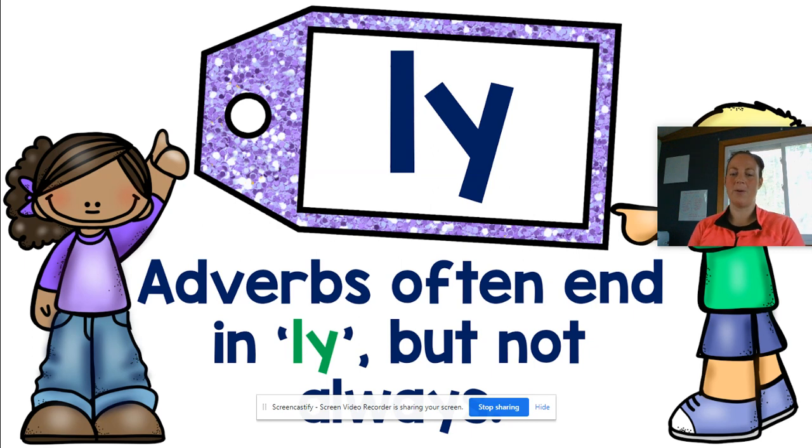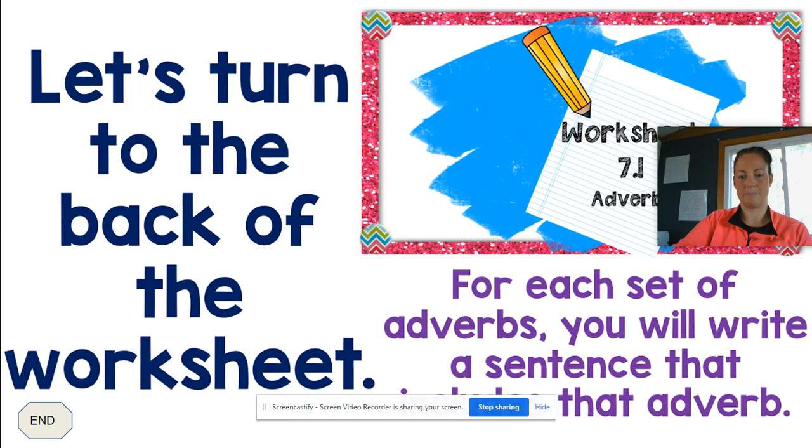Hopefully, you came up with a lot of them ended in ly. This was another hint that we talked about in morning work a few months back on how ly is usually a good indicator that the word is an adverb. Not always, but it's a good kind of trick. Okay, now let's turn to the back and we'll finish the rest of these.